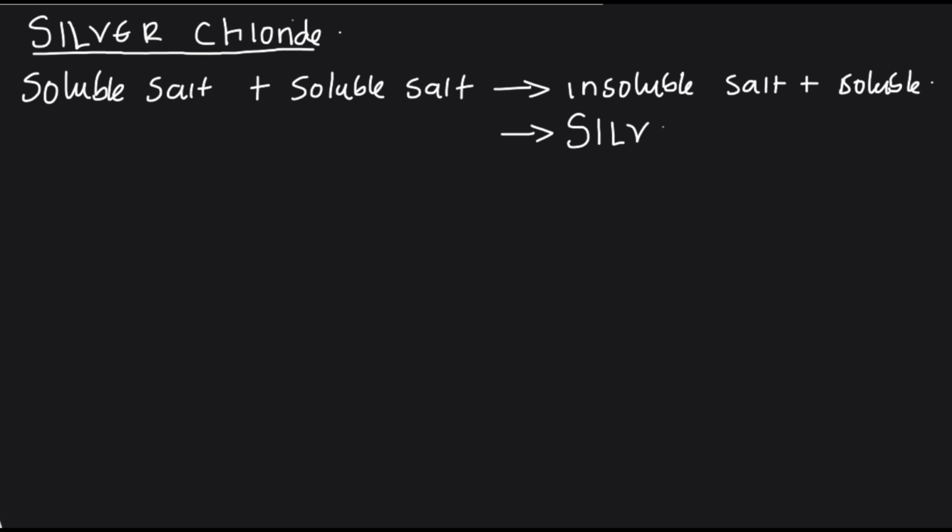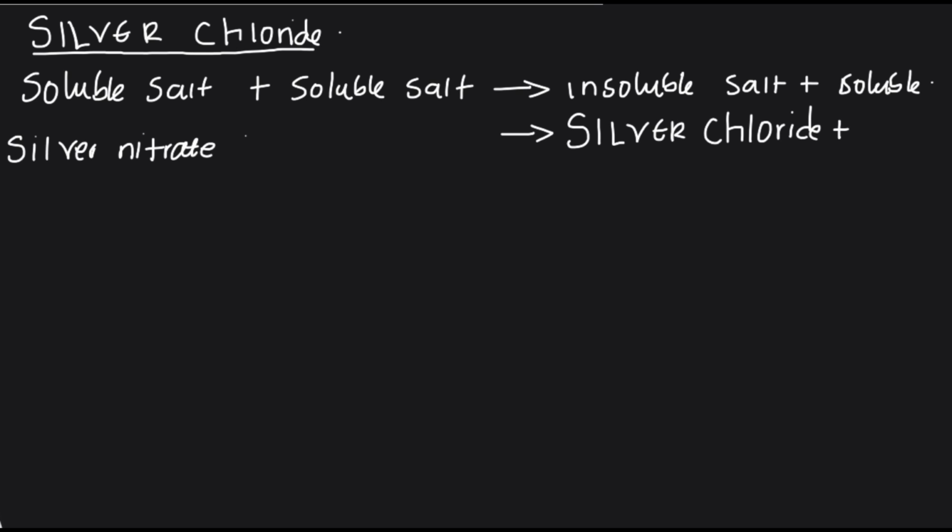So we want to prepare silver chloride. We are going to choose two soluble salts, in which one will have silver, the other one will have chloride. So let's choose silver nitrate.